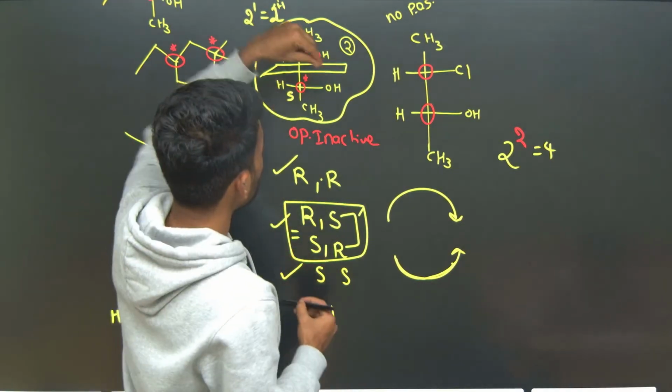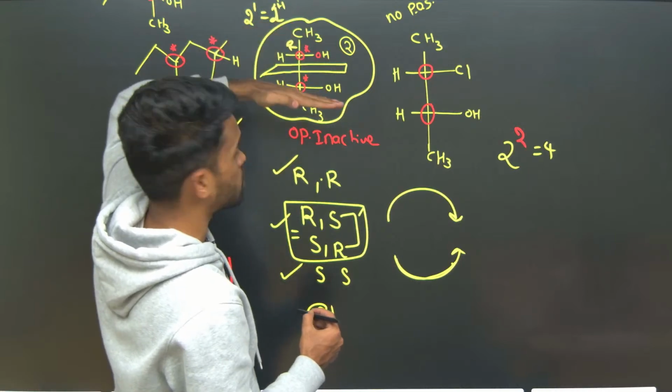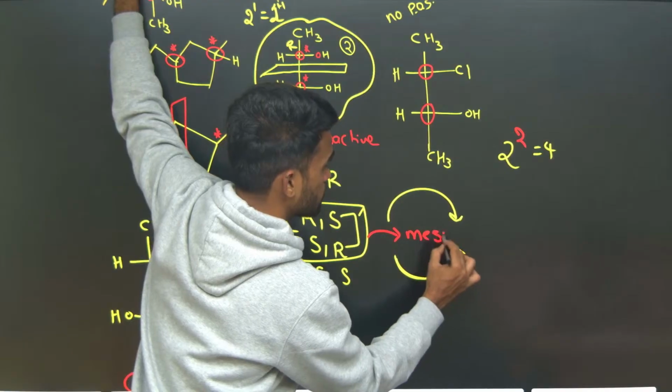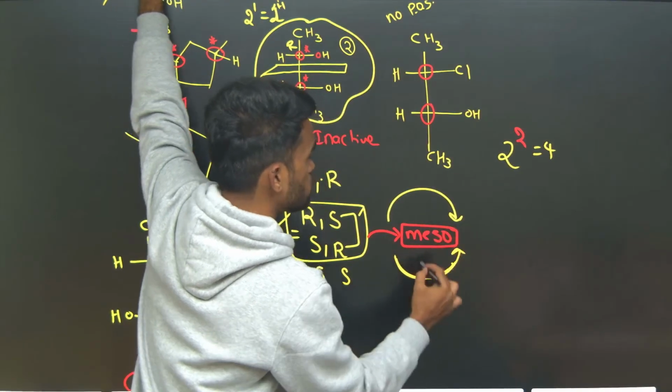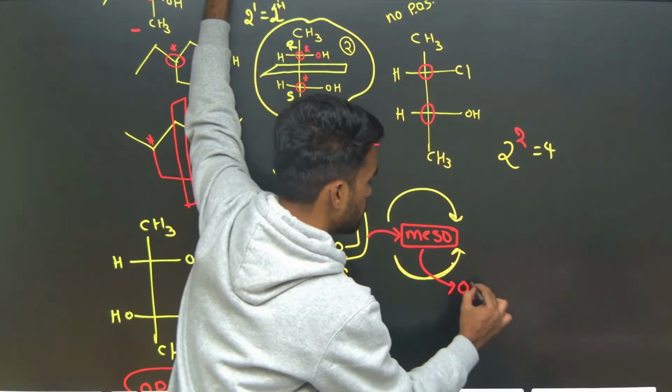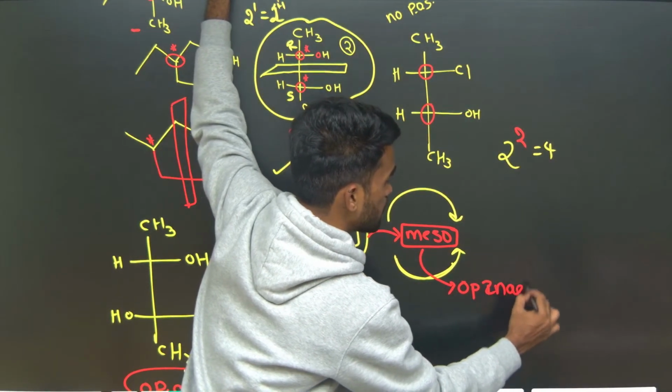Now, what is the name of this kind of molecule? If there is a plane of symmetry like this, you should call them meso compounds. Meso compounds. So are meso compounds optically active or inactive? Inactive. Optically inactive. Why are they optically inactive?